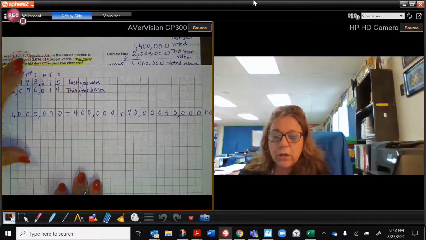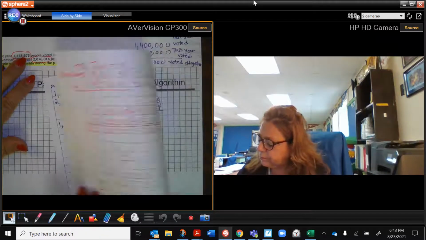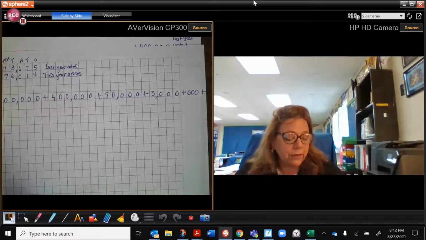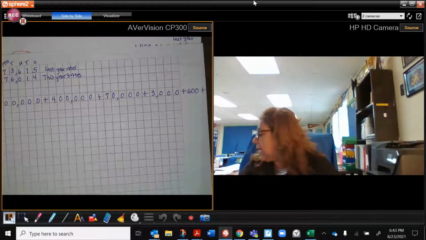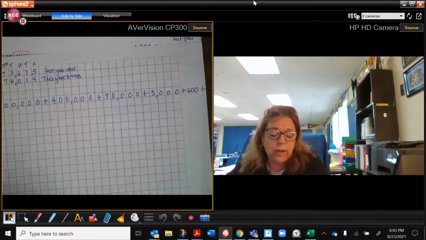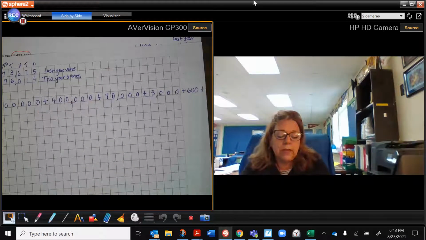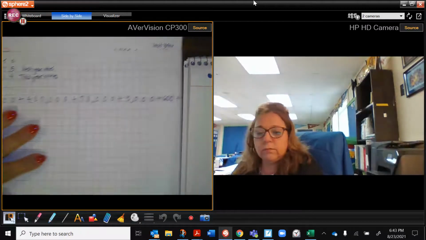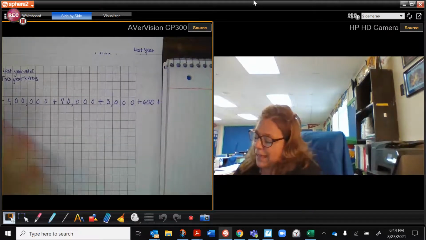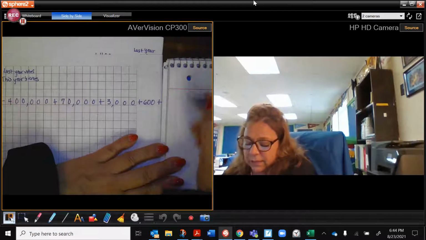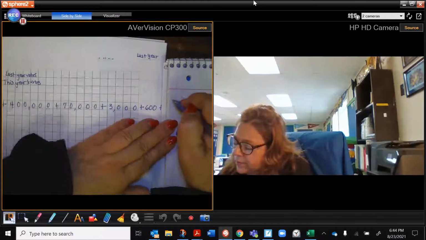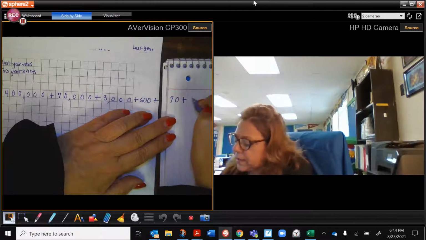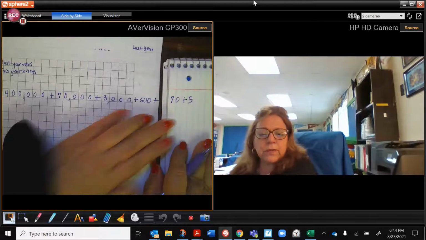And I'm going to do what you would normally do at home, and this is what I would do if I were at home, because I only had one graph paper. I would just continue writing it on paper. So I would get a sheet of paper and just continue, because that's the best thing I can do, right? So 7 tens equals 70. 5 ones equals 5. All right, so that's what it would look like.